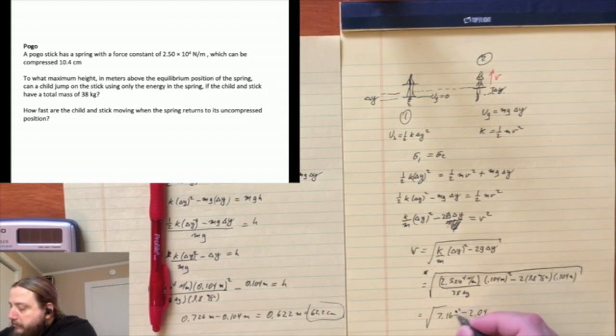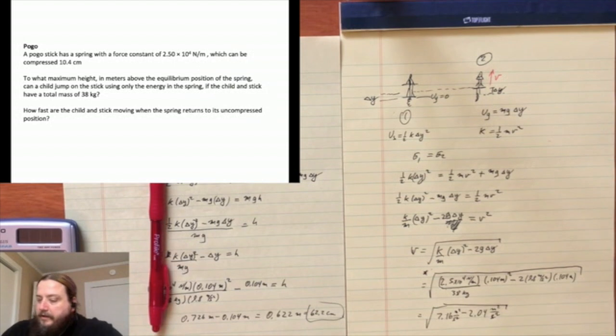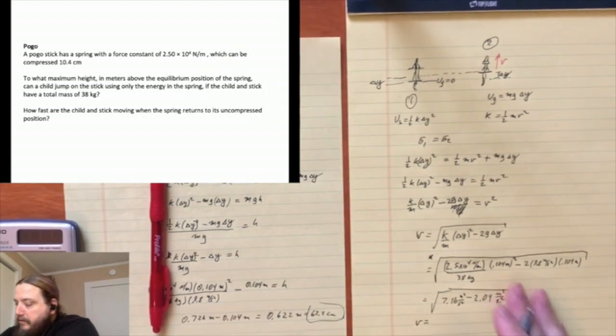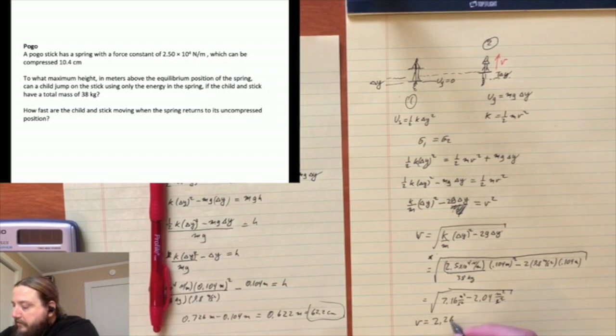Both of these are meters squared per second squared. So 7.16 minus 2.04, take the square root of that, and our speed is 2.26 meters per second.